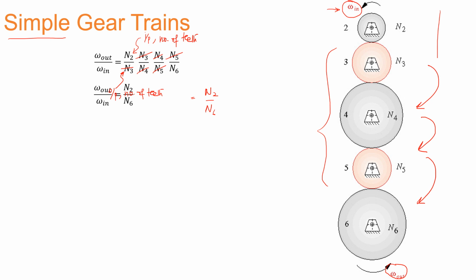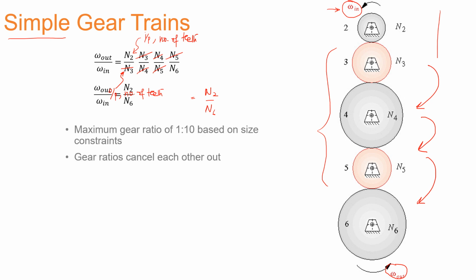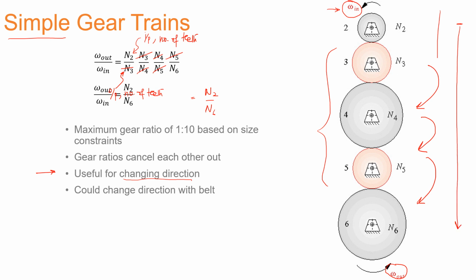Now with this realization that you have constructed a simple gear train by simply adding the gears in the train, that's why we call this a simple gear train. And obviously you can see that there are certain features associated with it, and these are listed right over here, and the most useful is listed right over here, which says that it is useful for changing the direction and obviously covering the distance from this point all the way to this point.